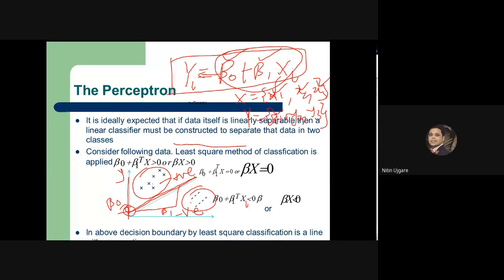Okay, so this decision boundary by least square classification is a line with the equation y is equal to beta 0 plus beta 1 into xi. Beta 0 represents the point at which this decision boundary intercepts the y-axis, and the slope of this decision boundary is represented by beta 1.